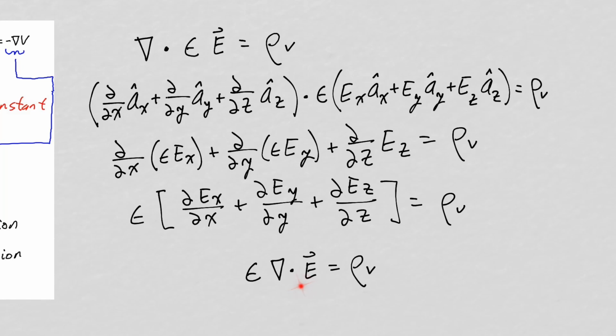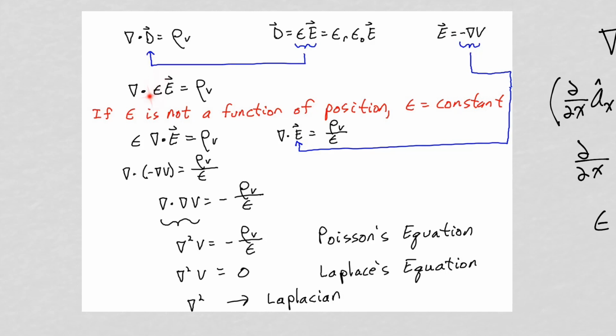So the condition of epsilon not being a function of position means that we can move it to the left of our divergence and rewrite this equation as epsilon times del dot the electric field intensity is equal to the volume charge density. And then divide both sides of this equation by the absolute permittivity.